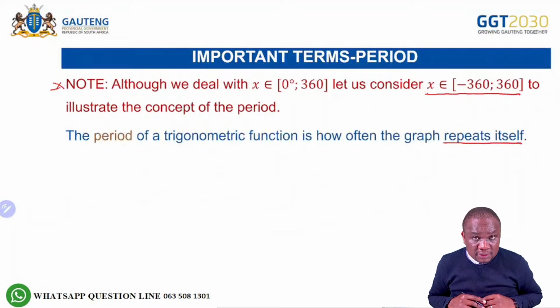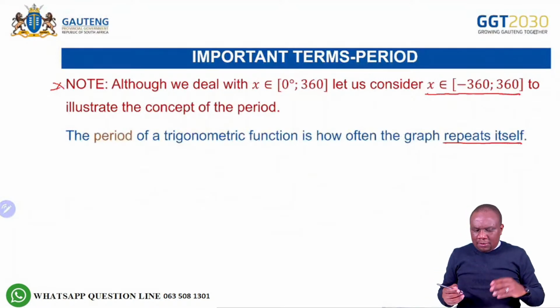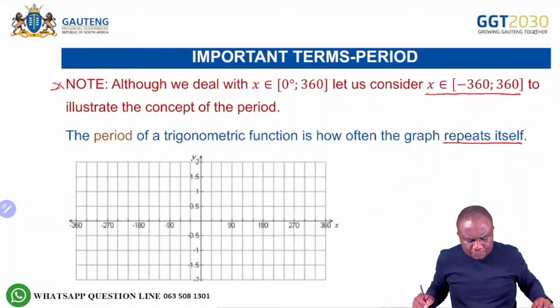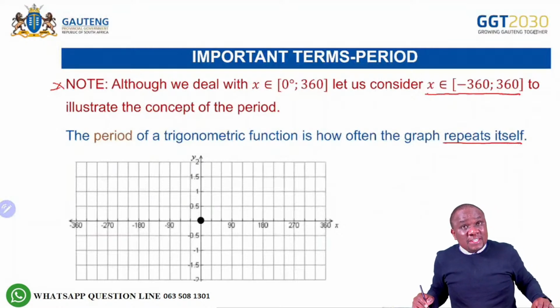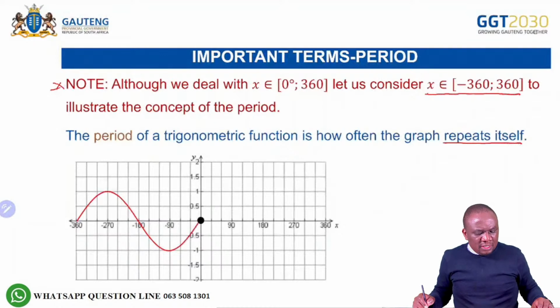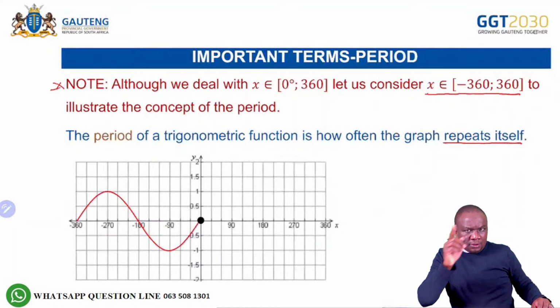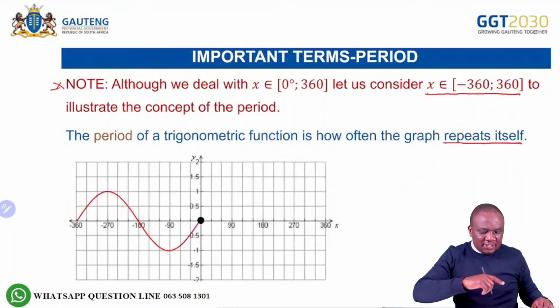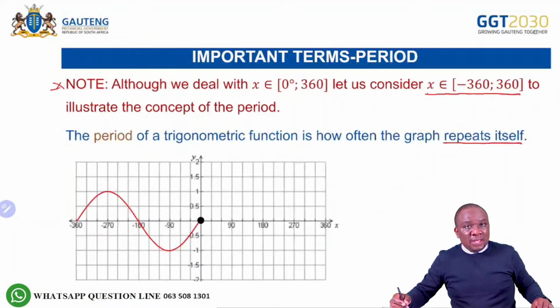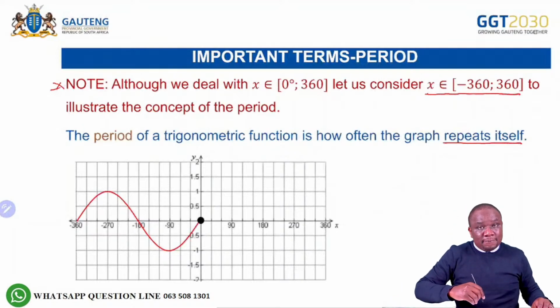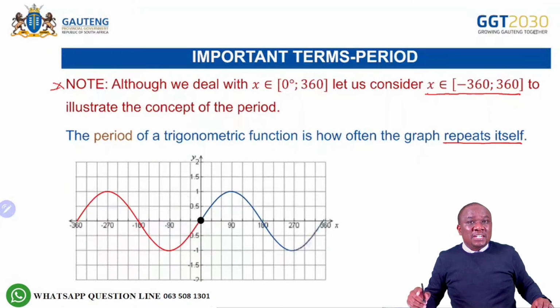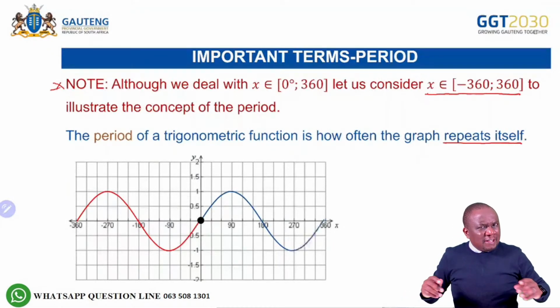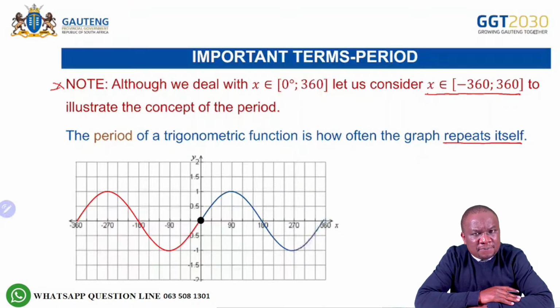That's the period. Right. Now, I have this graph. You see, this is the graph here from negative 360 to 0. The graph is like this. You see, it has gone a complete cycle from negative 360 to 0. And then it repeats itself. Same thing from 0 to 360. So this graph repeats itself after how many degrees?